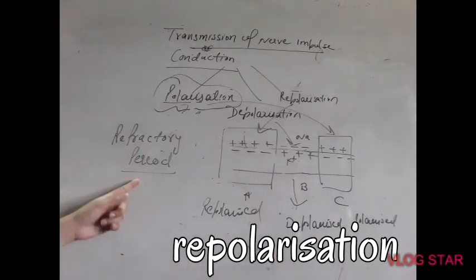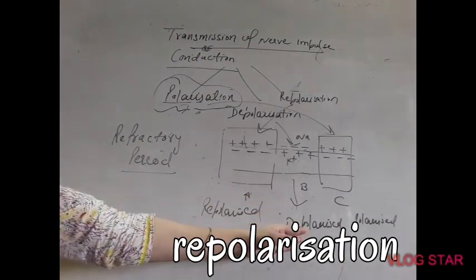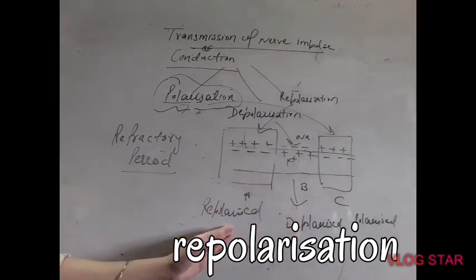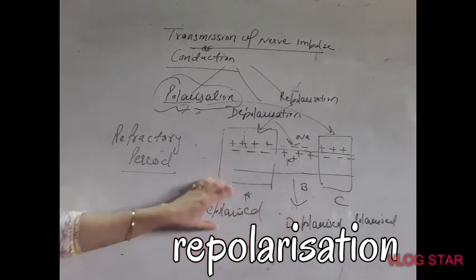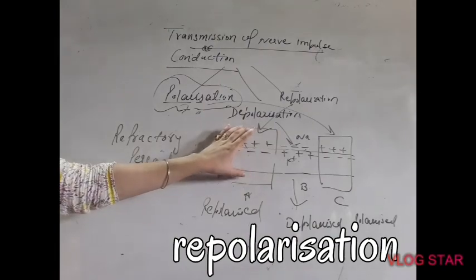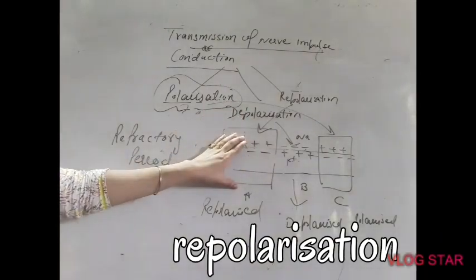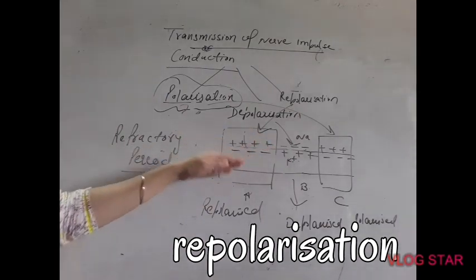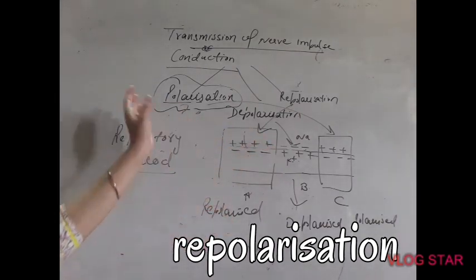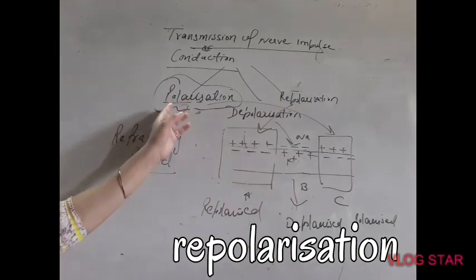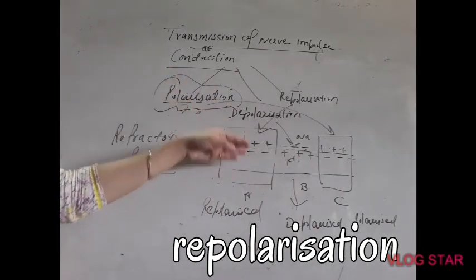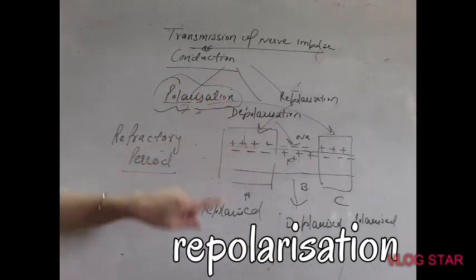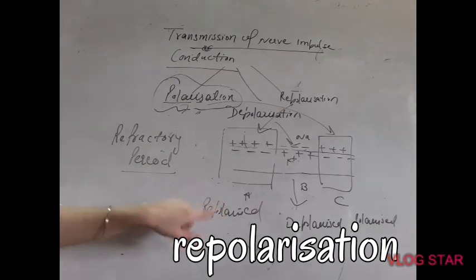This refractory period, or repolarization of that particular membrane, is quite necessary. Why so? Unless the axon membrane is repolarized, it cannot carry the next impulse. To receive the next stimuli, it must be at a repolarized phase.